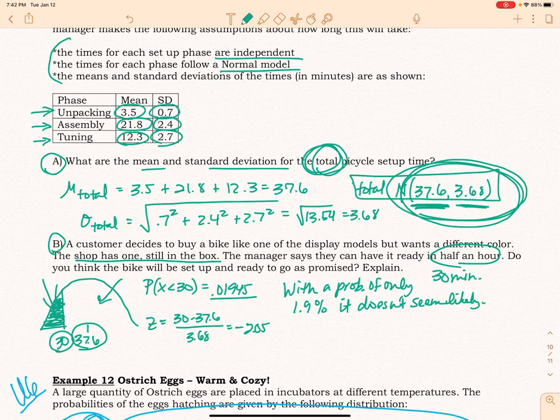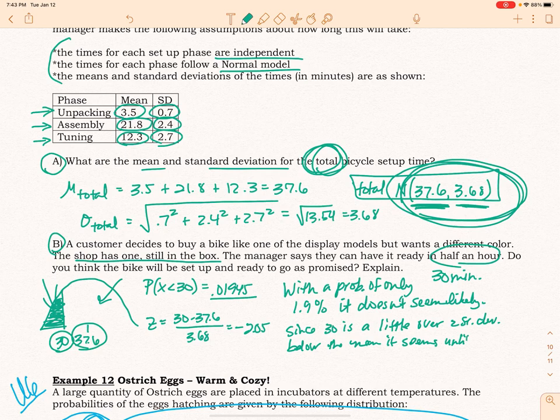Or you can take the approach of, since 30 is a little over 2 standard deviations below the mean, it seems unlikely that they'll get it done. There are several different approaches you can take here, all of which are acceptable, but I would rely on one that enables you to show some kind of work.